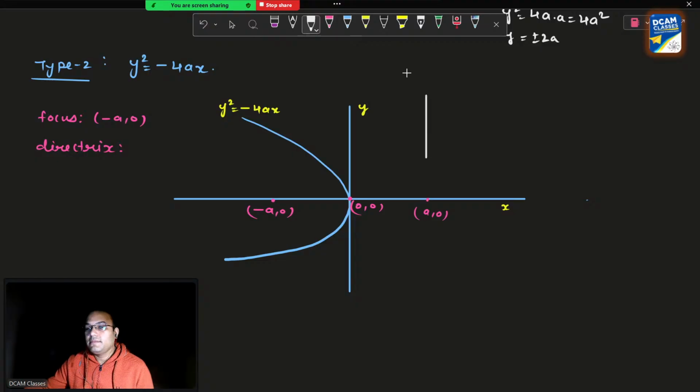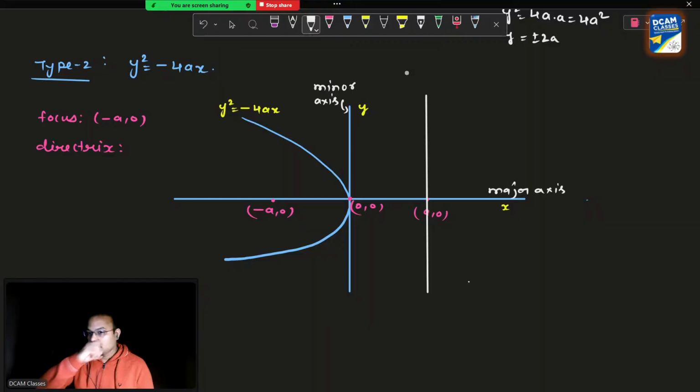So it will be perpendicular to the major axis. This is major axis and this is minor axis. So what will be its equation? So x equal to a. X is equal to a. Very good.